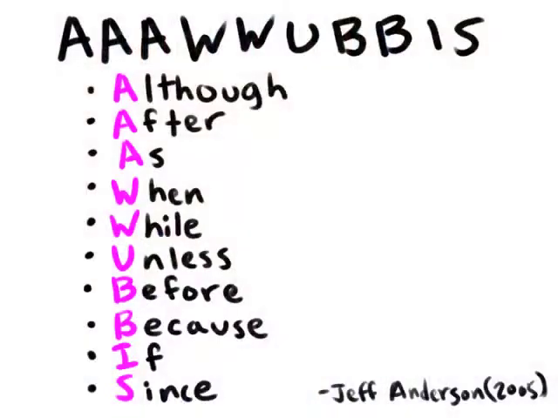If you notice, the words in AAWWUBBIS, although, after, as, when, while, unless, before, because, if, since, all introduce that element, that when, what, where, etc. So, if your sentence starts with any of these words, it's a pretty good clue that you might be using a comma pretty soon.